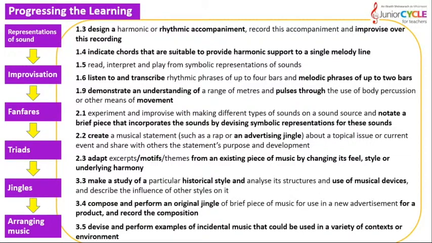We then moved into an introduction to melody, possibly through improvising. We then progressed this learning through the musical devices of fanfares, then constructing and working with chords or triads, in this case using those triads and devices to create a jingle, and then building on all of this learning to arrange a piece of music.